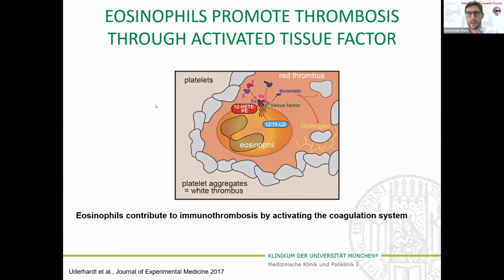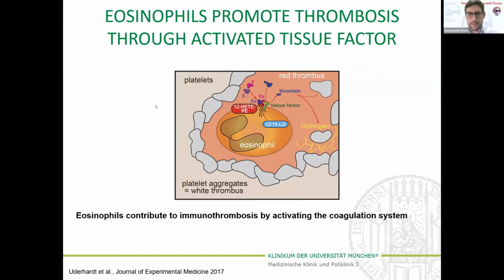to obstructive clot formation. And this paper showed that eosinophils have a very particular lipid composition of the cell membrane, which fosters a very active form of tissue factor, which is normally inactive in the blood, because otherwise we would always have thrombi in our blood, which is obviously not desirable.